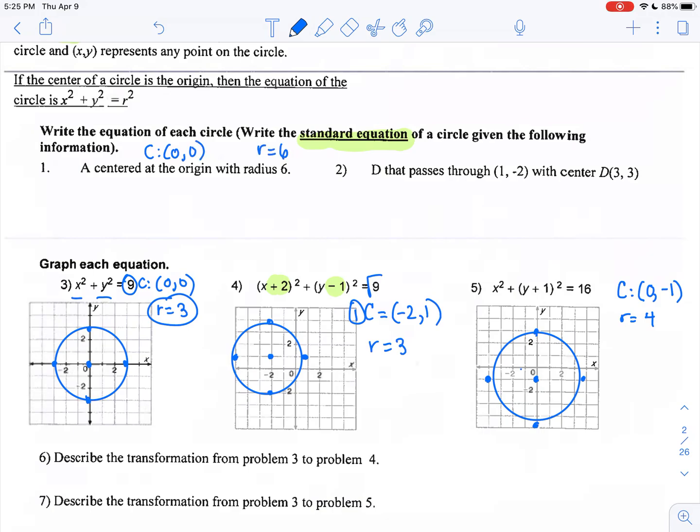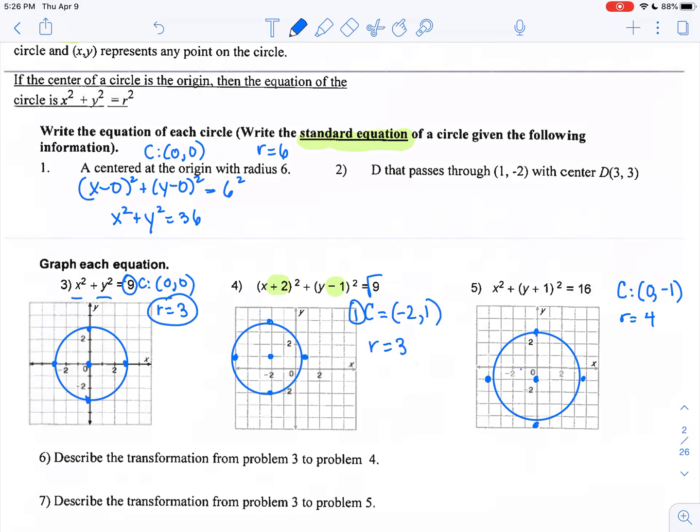We're working backwards here, not graphing, but writing the equation. Why don't you guys hit pause and see if you can figure that out. Okay, there was no change in x squared, no change in y squared, and r squared is 6 squared. So if I simplify that out, x² + y² = 36.